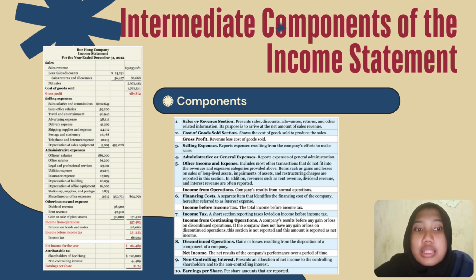So the net income is the net result of the company's performance over a period of time. And then we add the non-controlling interest, which presents an allocation of net income to the controlling shareholders and to the non-controlling interest. And lastly, we add the earnings per share amounts that are reported.